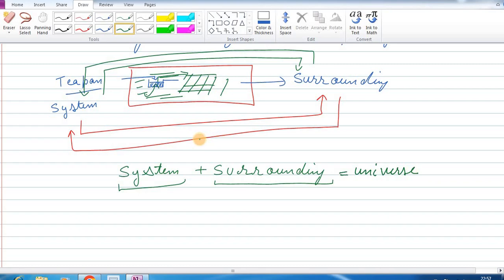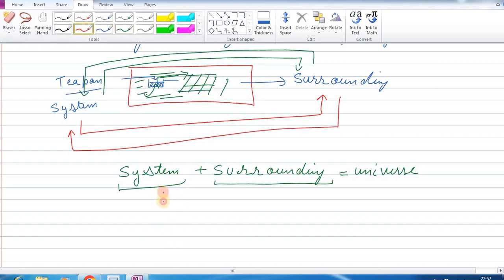Now on the types of system, that is the part of the space that is under focus, the part of the space that is under study. Systems can be of three types. We all know that there is an interaction between system and surrounding, and this interaction can be of different types.